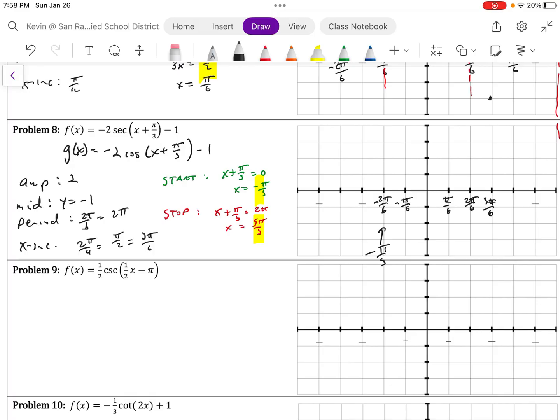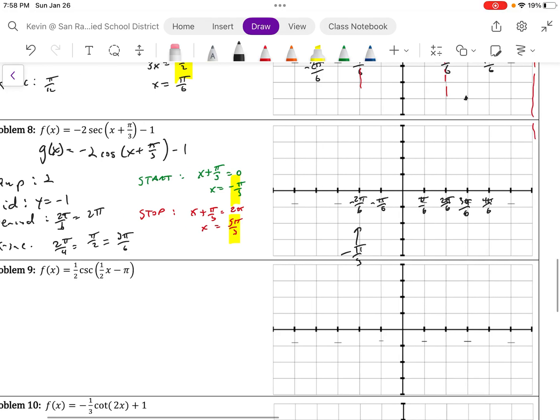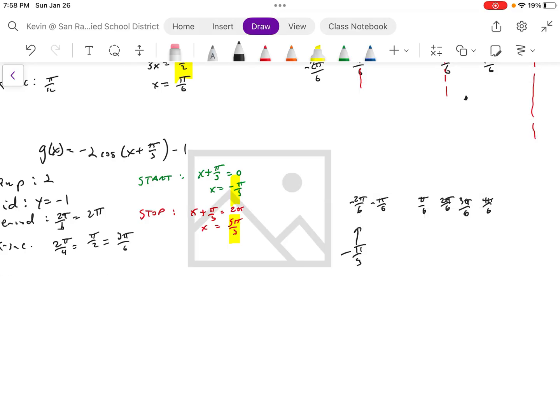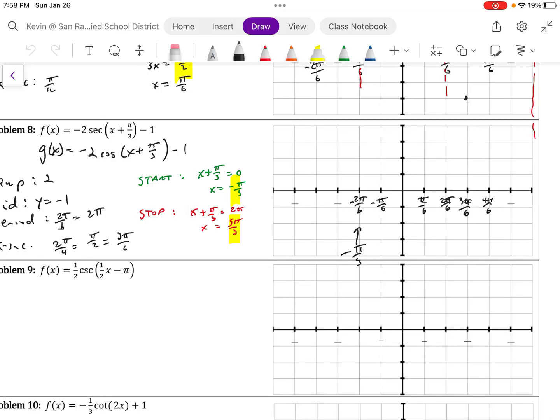That's going to be our starting point. And then this is 3 pi over 6, 4 pi over 6. Wait, is that 5 pi? That is 5 pi over 3. Anyway, 5 pi over 6.